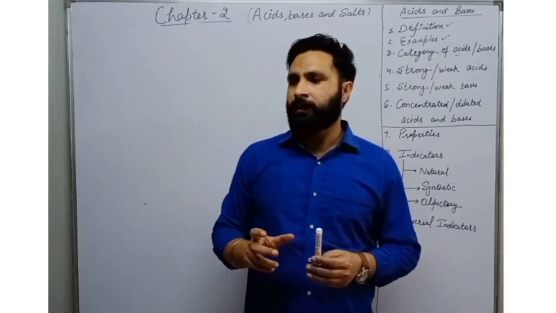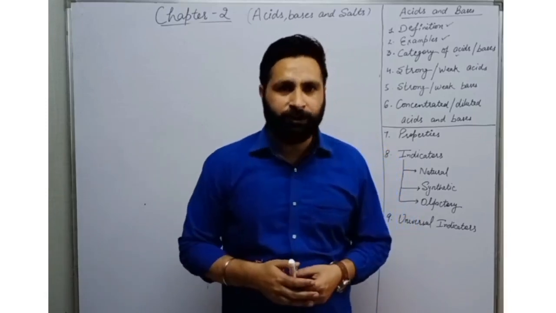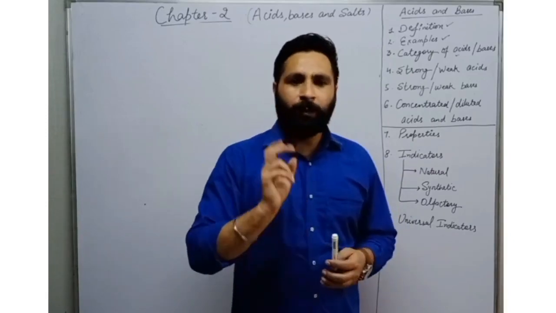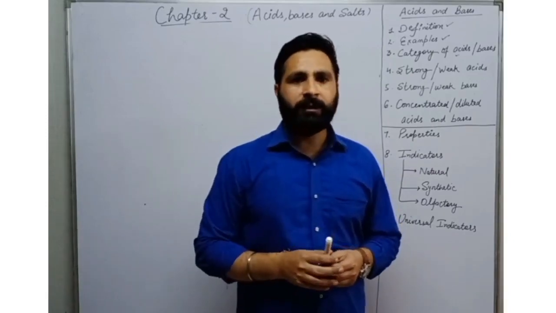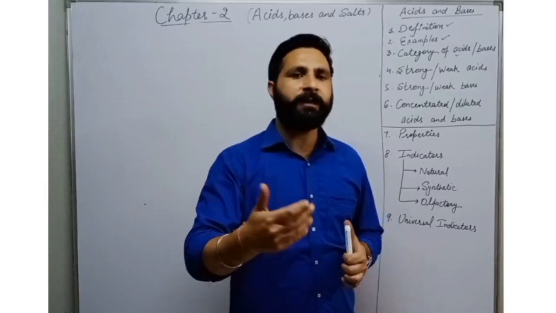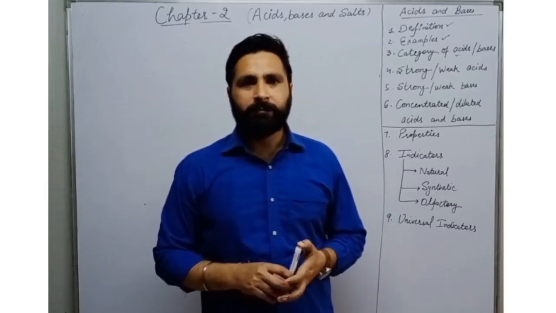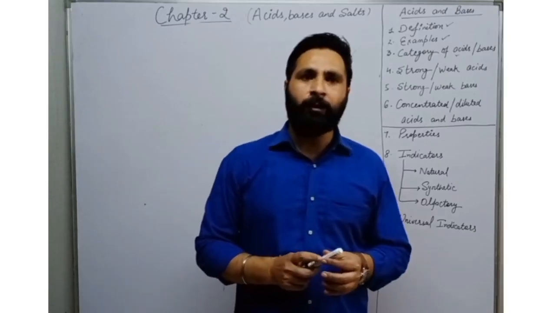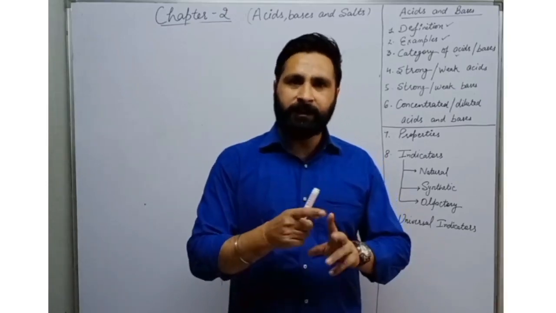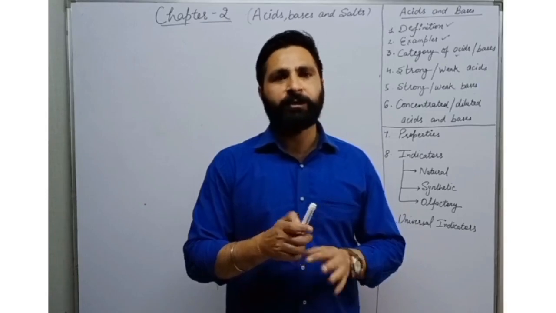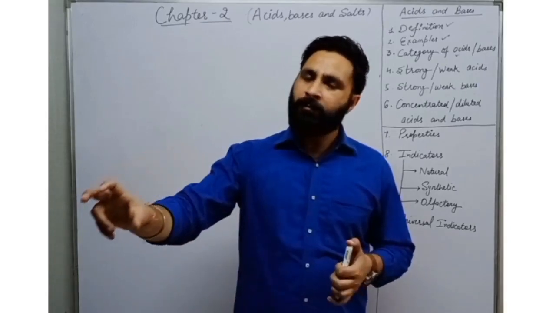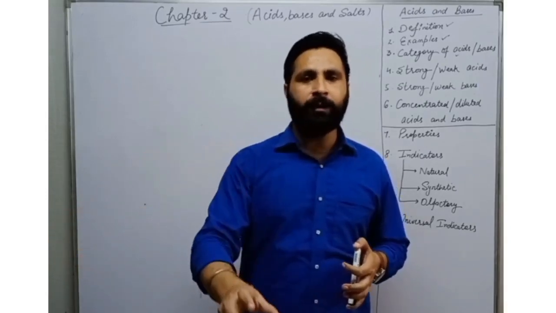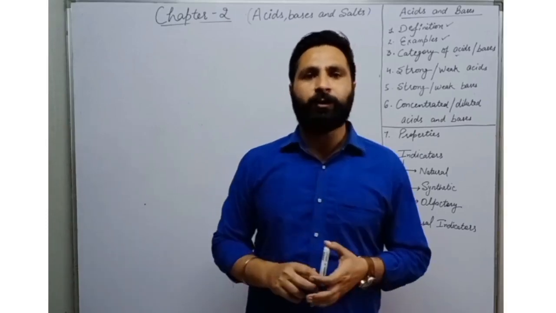Suppose a teacher gives you a compound and asks, just on the basis of its chemical property, tell its nature. You have to tell about its acidity, basicity, or neutrality. You will say that it may be an acid, it may be a base, or it is neutral.